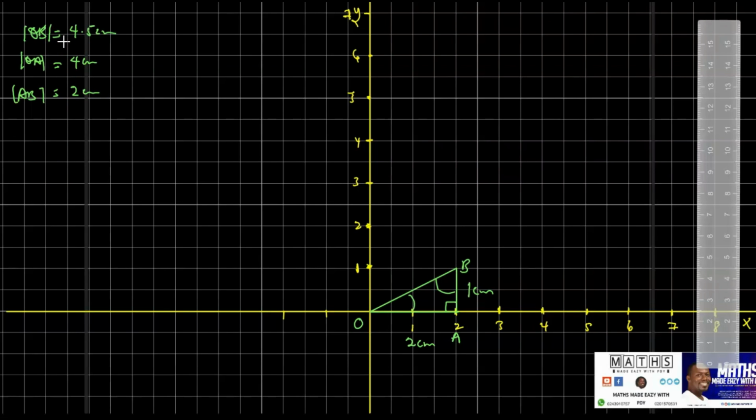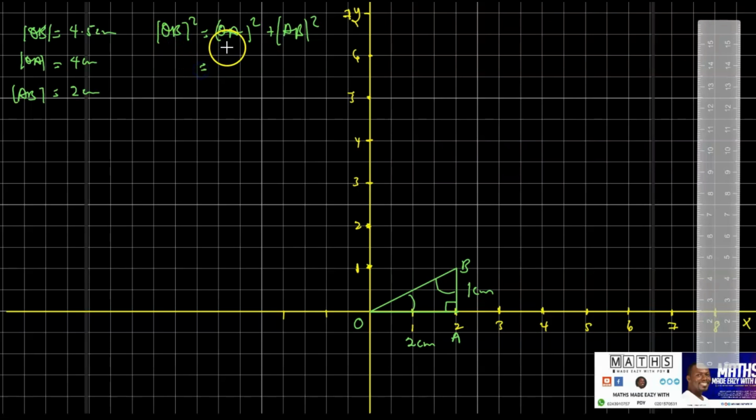Let's see whether they link up. So please take your calculator to investigate. It means our OB squared should be equal to OA squared plus AB squared. I hope it makes sense. That's the establishment we've had from Pythagoras Theorem. So let's find out.